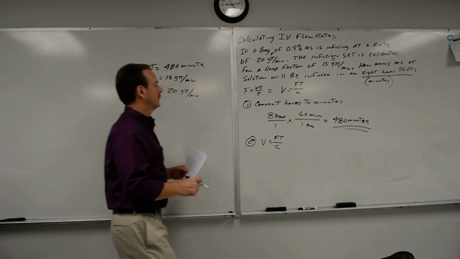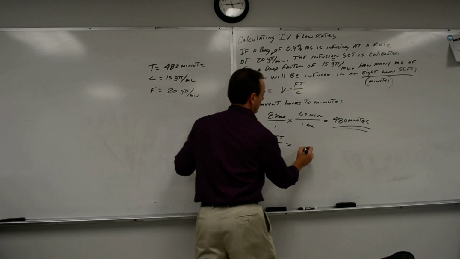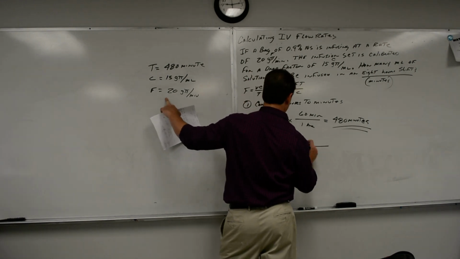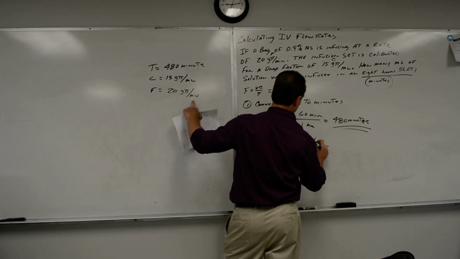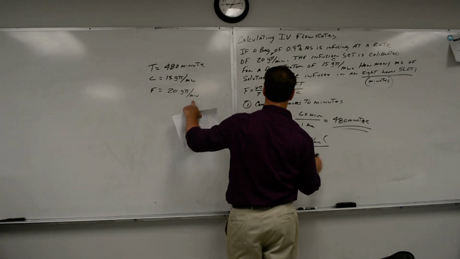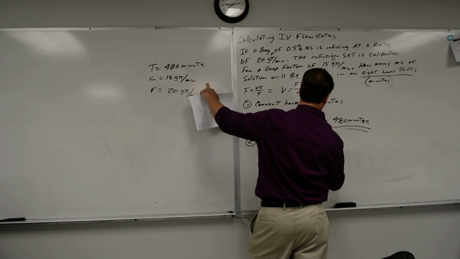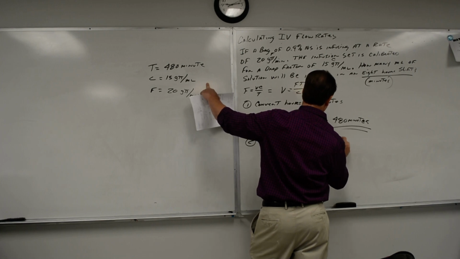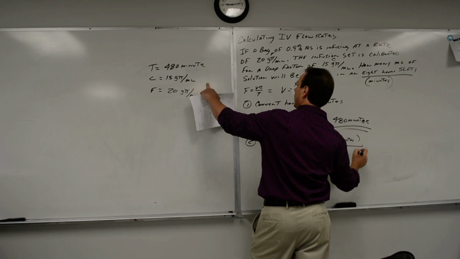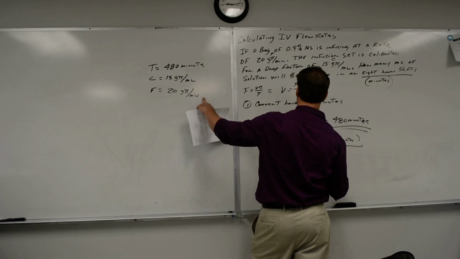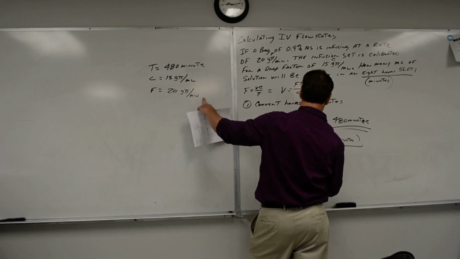All right, so let's solve for this. So our F, which we already said, is 20 drops per minute, times our T, which is 480 minutes, and our calibration is going to be 15 drops per milliliter.